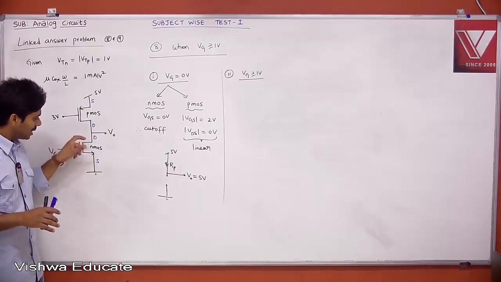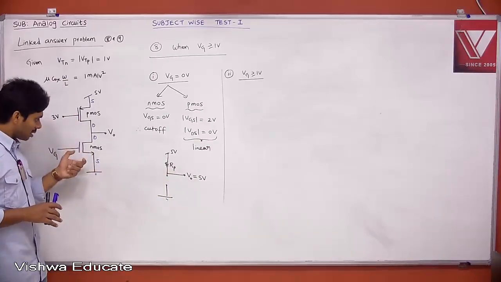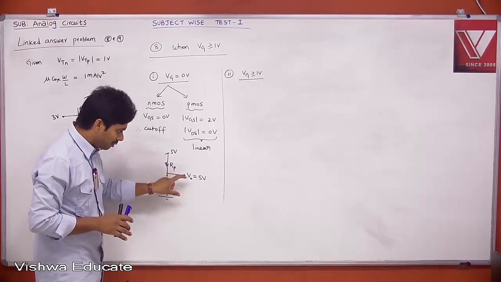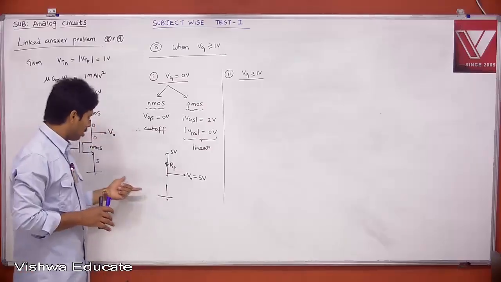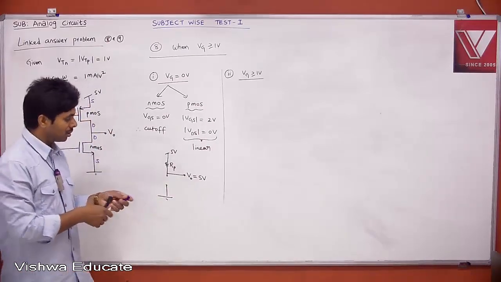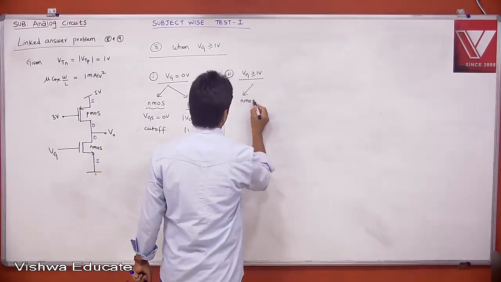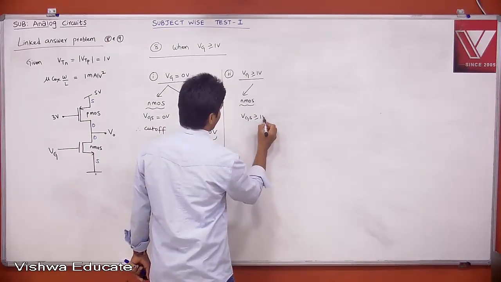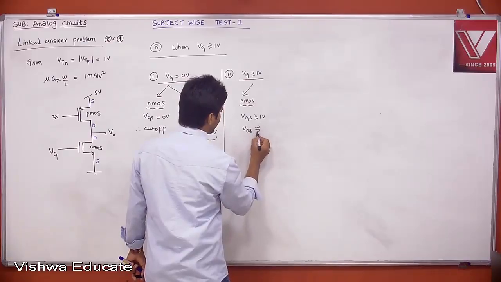But what will be your VDS? Just before 1 volt, your VDS is 5 volt. The moment NMOS starts conducting, what is your VDS? VDS will be almost 5 but less than 5, close to 5. Your VGS is almost 1 volt, your VDS is almost 5 volt. Then what is the region of the transistor? If you take NMOS, VGS is greater than or equal to 1 volt, VDS is close to but less than 5 volt.